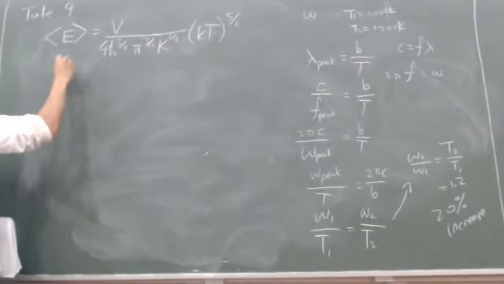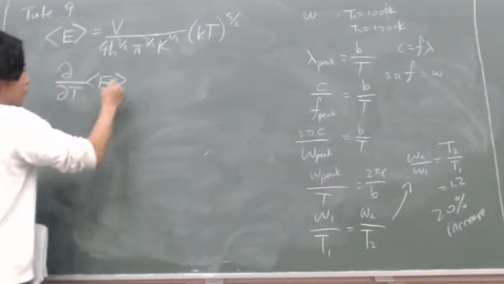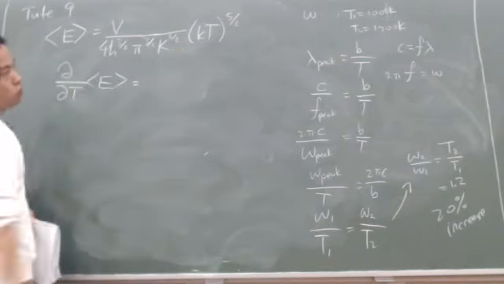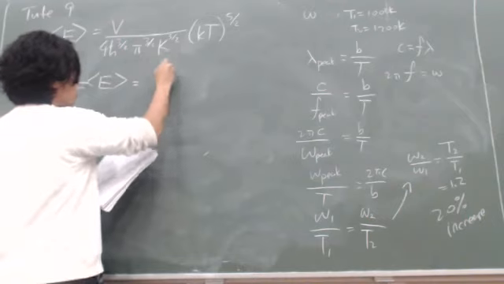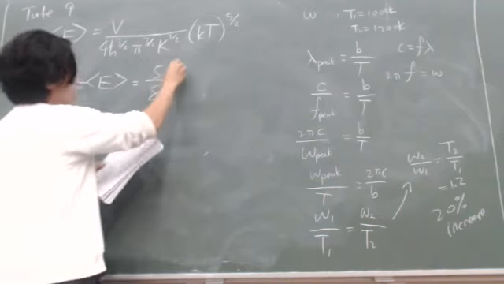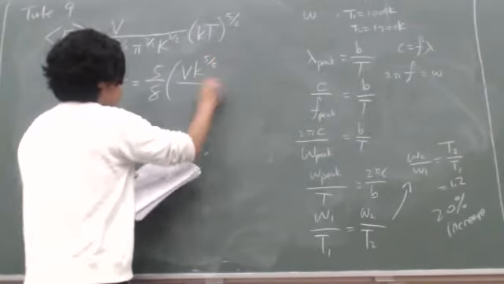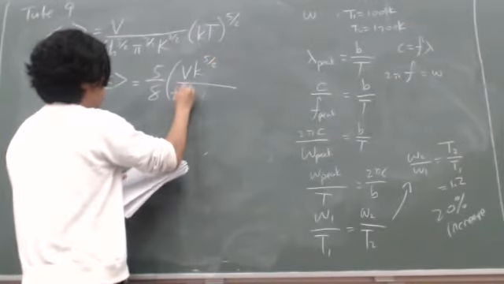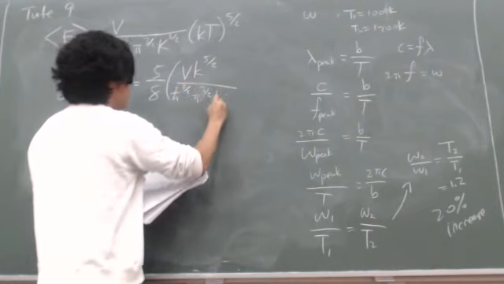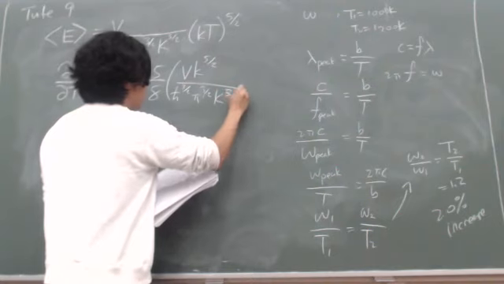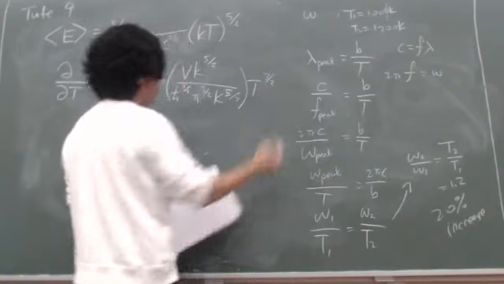Now let's take a derivative with respect to T for average E. It's simple because it's got just one T there. You don't even have to do any weird chain rule. So it's equal to 5/8 V k to the 5/2 divided by all the other junk, 3/2 pi to the 3/2, k to the 3/2, T to the 3/2.